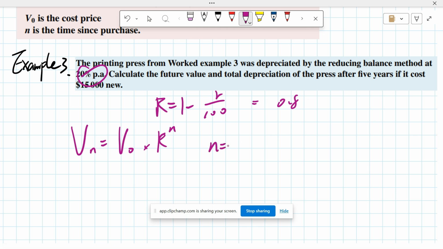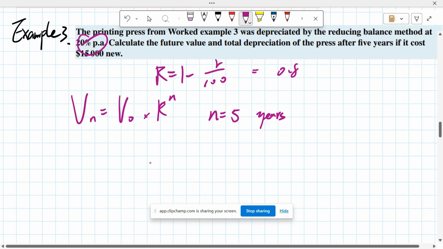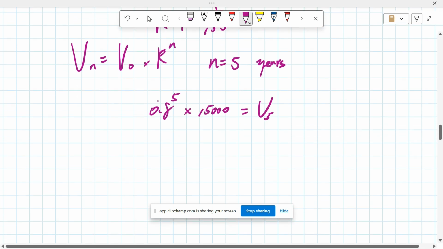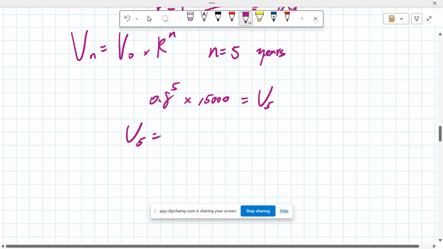So n equals 5 years, and 0.8 to the power 5 multiplied by $15,000 equals V5.